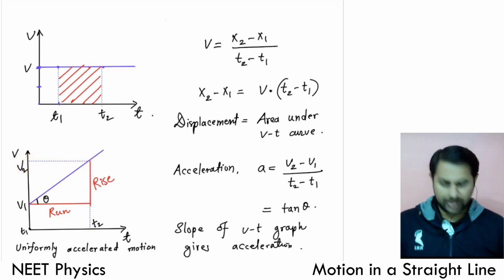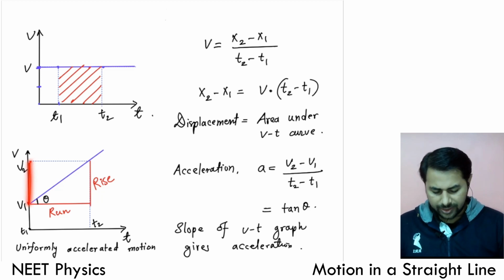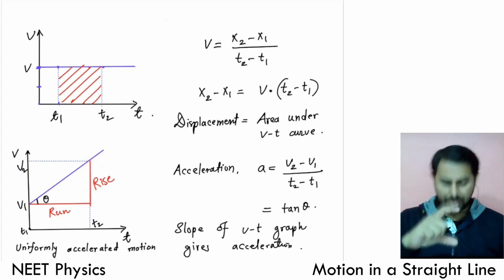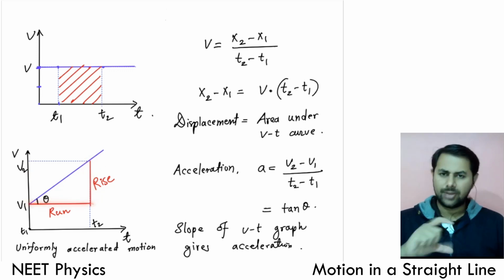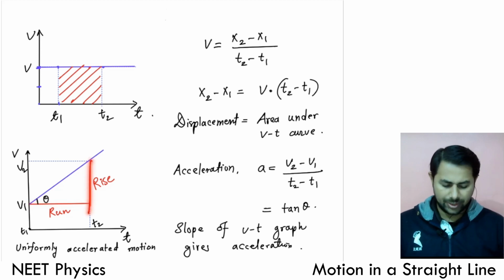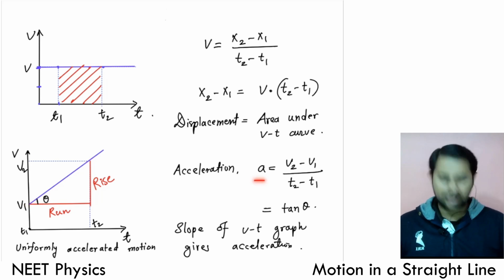Then v2 minus v1 is this much length, that is the change on the vertical axis, divided by t2 minus t1, the change on the horizontal axis, and change on the vertical axis divided by change on the horizontal axis gives us what? Slope. So the acceleration is given by the slope of the velocity versus time graph, right? This thing is clear, everyone?